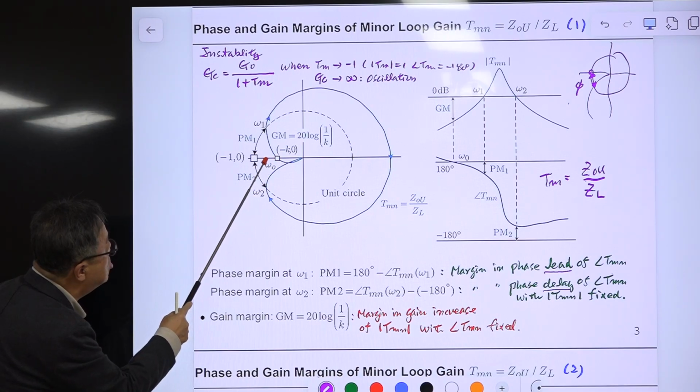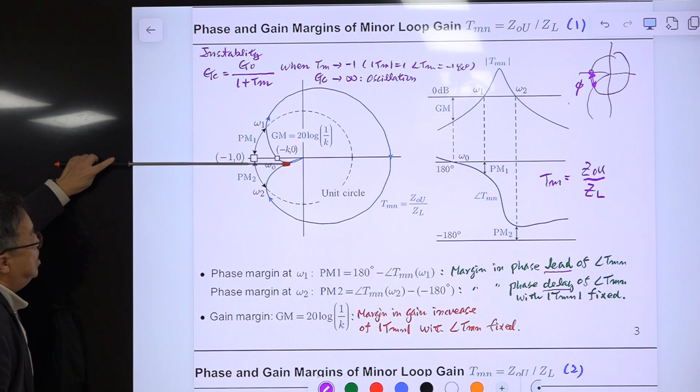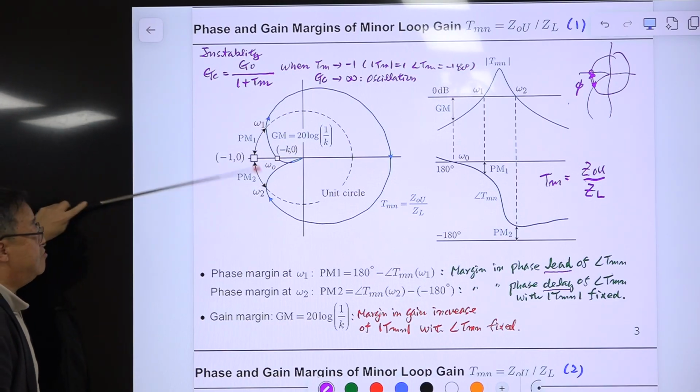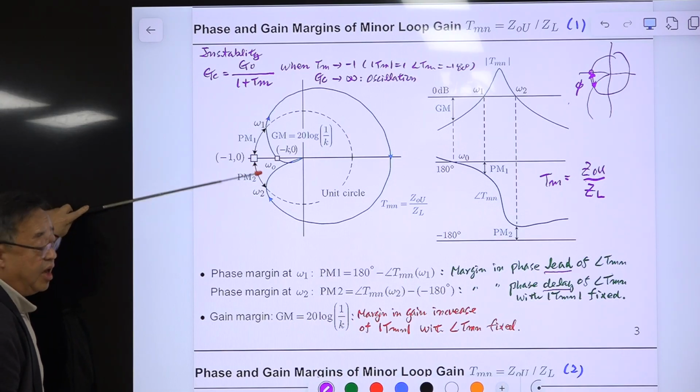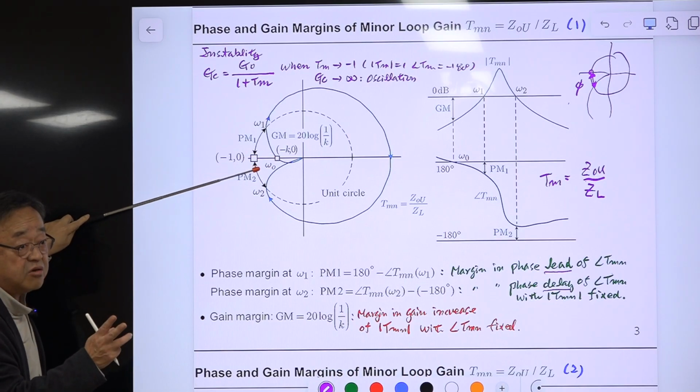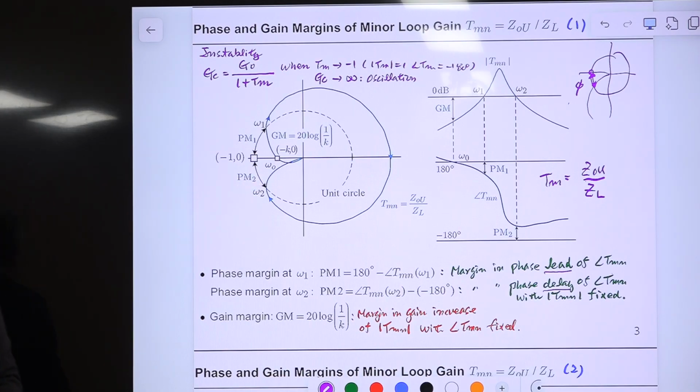If this becomes 1, with the phase being minus 180 degrees and the magnitude 1, there is this point, right? In that case, this trajectory is passing this point at that frequency. That becomes what? The system becomes unstable. So in this diagram, there are 3 cases of being unstable.